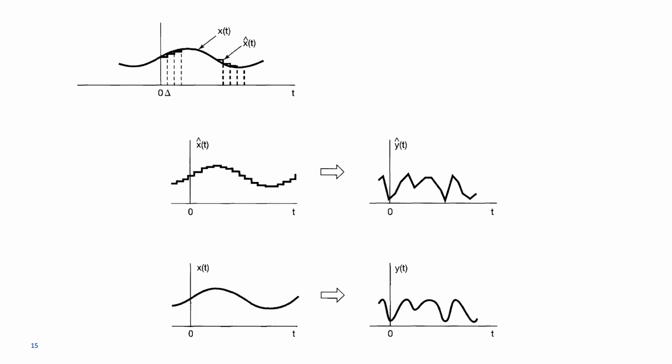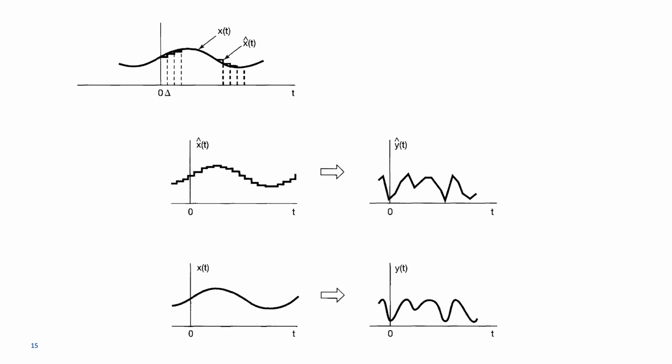So x hat, the approximation, will have some approximated response y hat, which we had defined in a previous slide. Then x of t, the actual original signal, will have a response y of t. So x hat is an approximation of x, and y hat is an approximation of y, the real response.